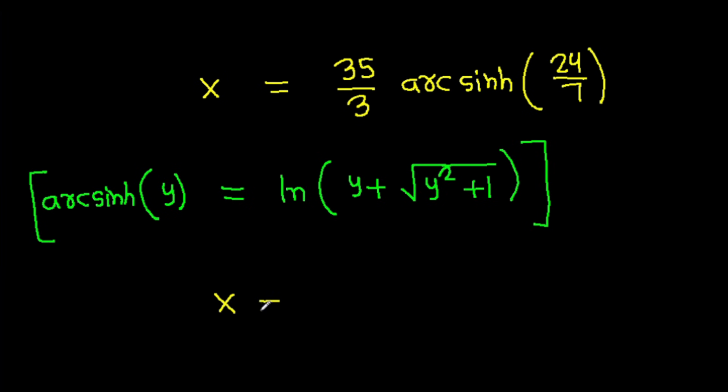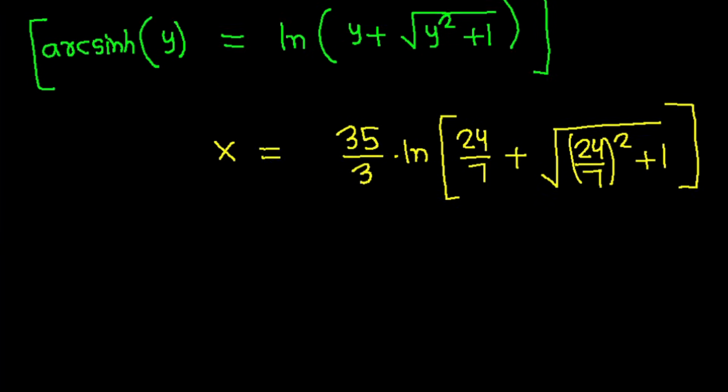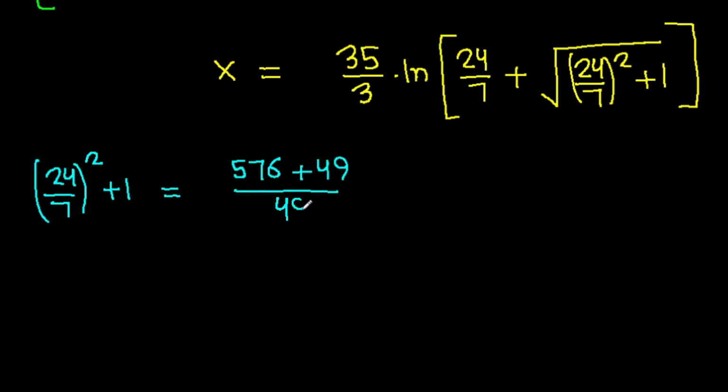So x will be 35 over 3 times ln of 24 over 7 plus the square root of (24 over 7) squared plus 1, and (24 over 7) squared plus 1 will be (576 plus 49) over 49.